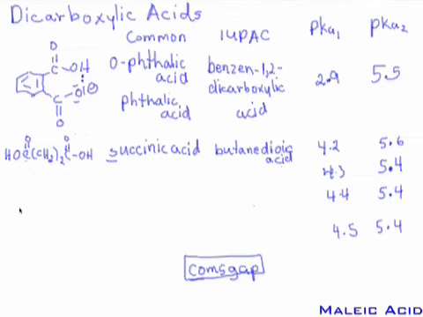For example, we could have CH double bond CH, C double bond OH, C double bond OH. When the two carboxylic acids are in the cis configuration, this is referred to as maleic acid.